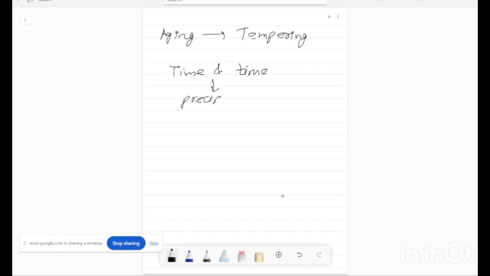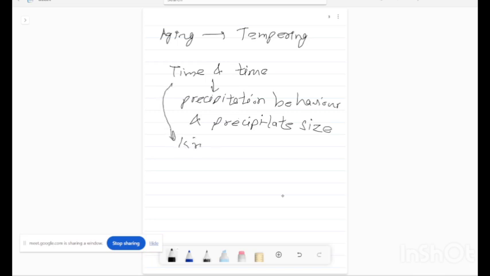Means precipitation behavior and precipitate size. So the time and temperature, we can relate to the kinetics of the reaction or process.